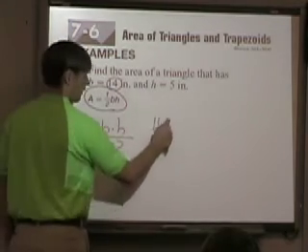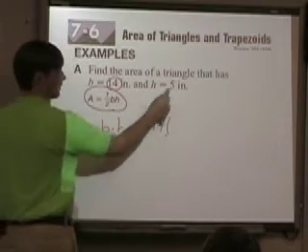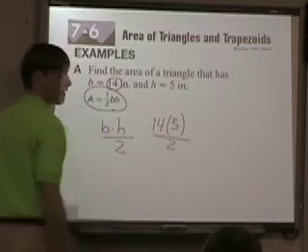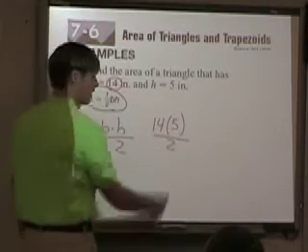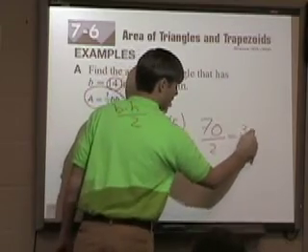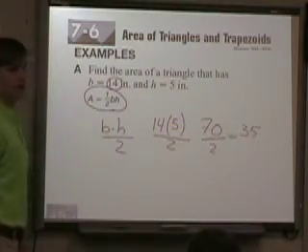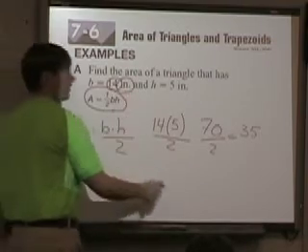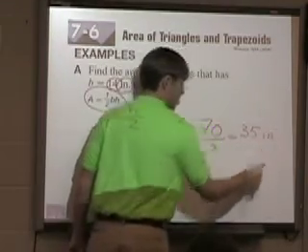We plug that in: 14 times the height, which is 5, divided by 2. What's 14 times 5? 70. And 70 divided by 2 is 35. So the area of this triangle is 35. Now, we're talking about inches, so the area is going to be 35 inches.